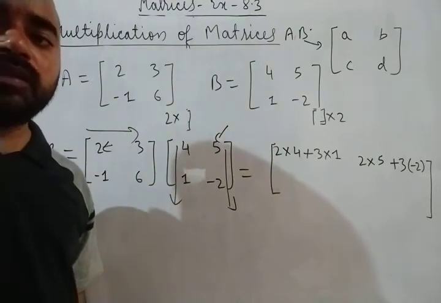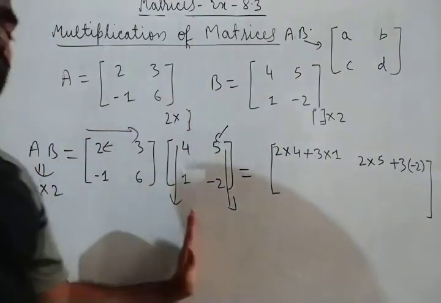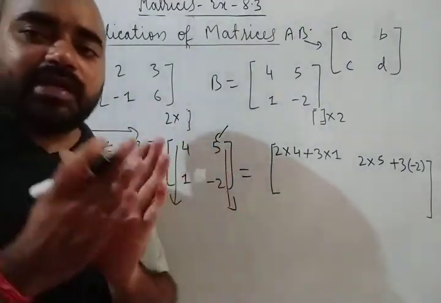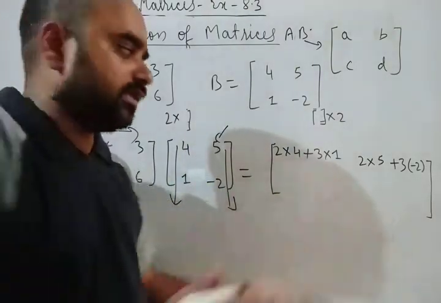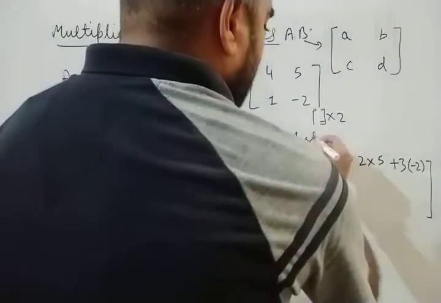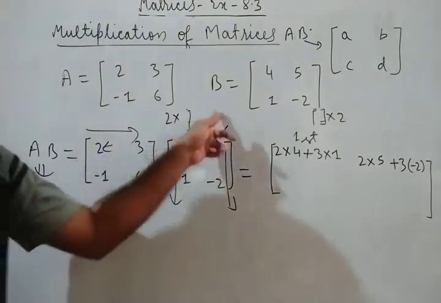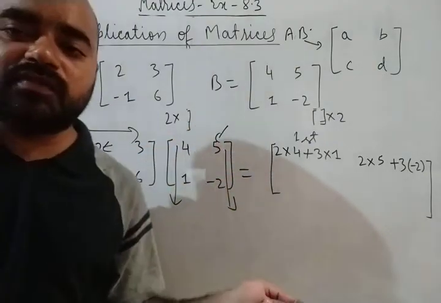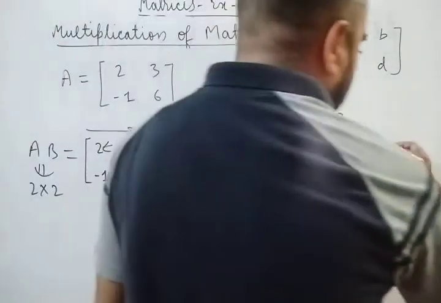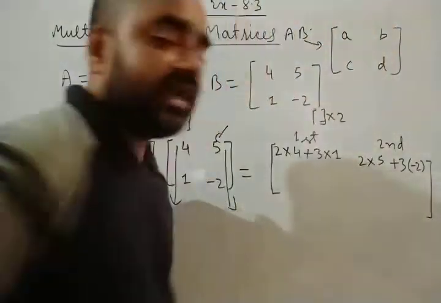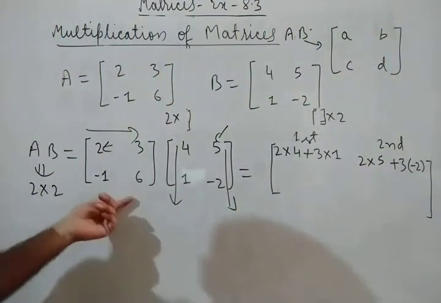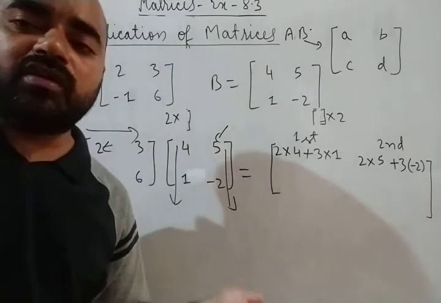Correct? Clear? First row, first column elements, multiply and add, that will give the first element. Then again first row and second column elements, multiply and add, this will give the second element. Similarly, the process will be repeated for the second row.